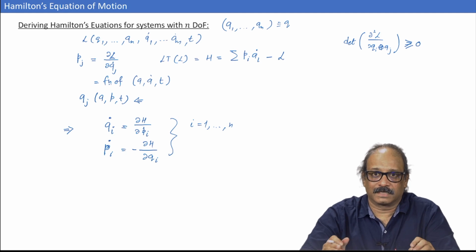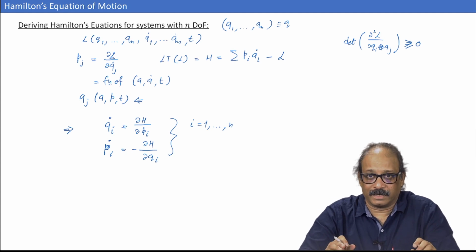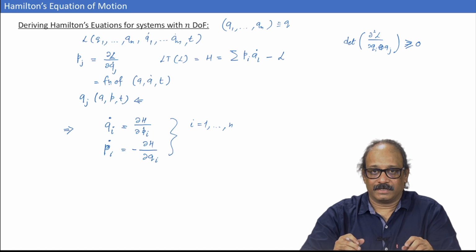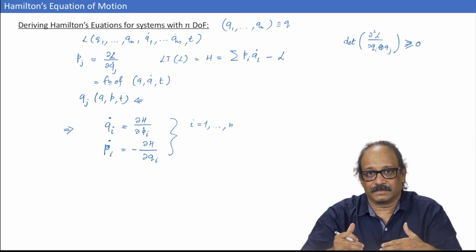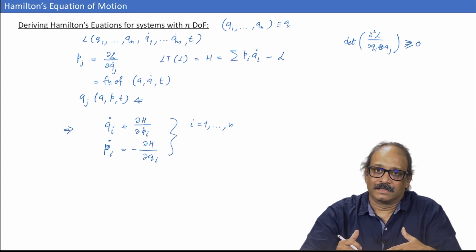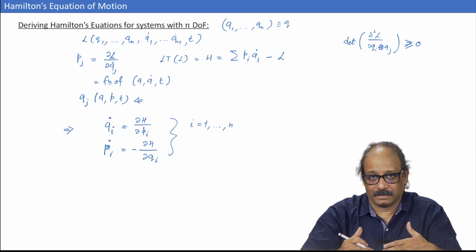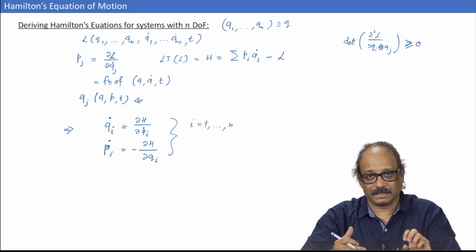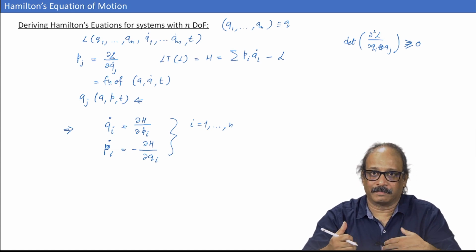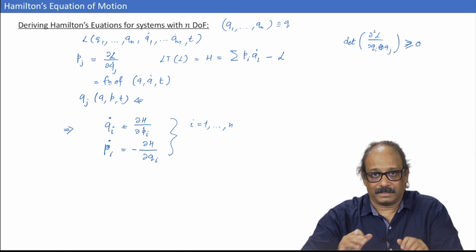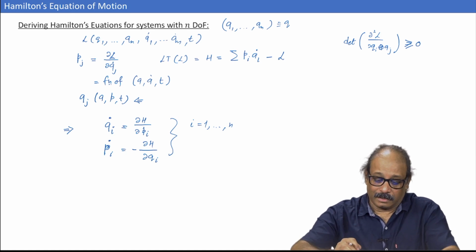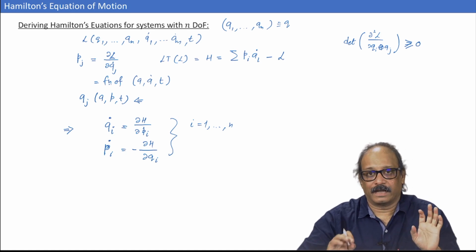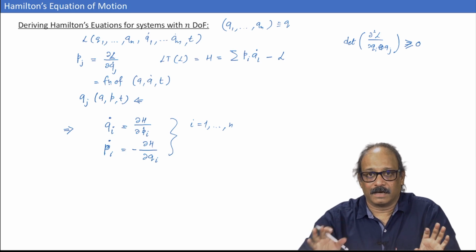Actually, in most cases that will not turn out to be the case. Eventually, when you have 2n first order differential equations, it is very likely that we would change them to n second order differential equations and solve the problem. But that is not the point here. Okay. Now, let me compare the Lagrangian formulation with the Hamiltonian formulation.